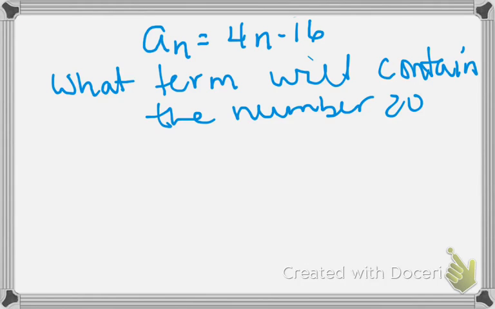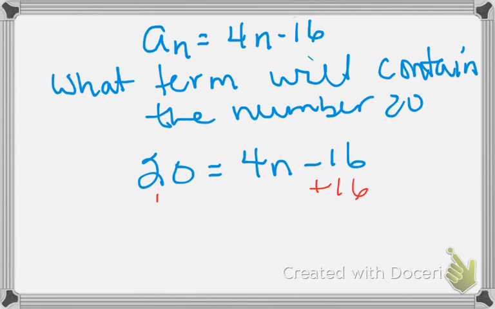So a sub n is our actual answer, and we put 20 in for a sub n because we want to know what that term is. So we have 20 equals 4n minus 16, where n represents the term. Now I just solve for n. I add 16 to both sides: 36 equals 4n.